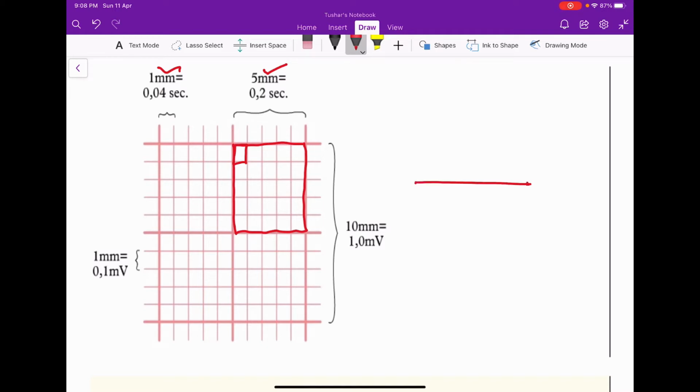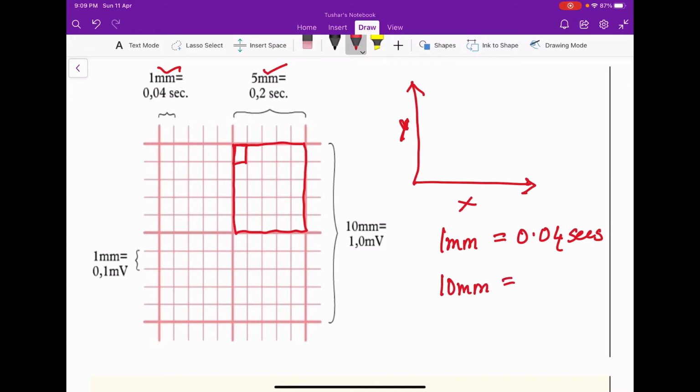On an x-axis, this we consider as the x-axis and this we consider as the y-axis. On the x-axis, 1 millimeter is equivalent to 0.04 seconds. Similarly, on the y-axis, 10 millimeters is considered as 1 millivolt.